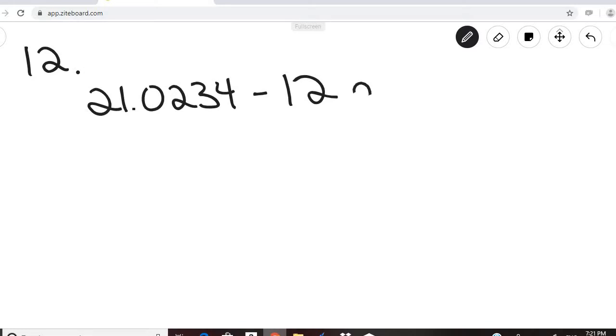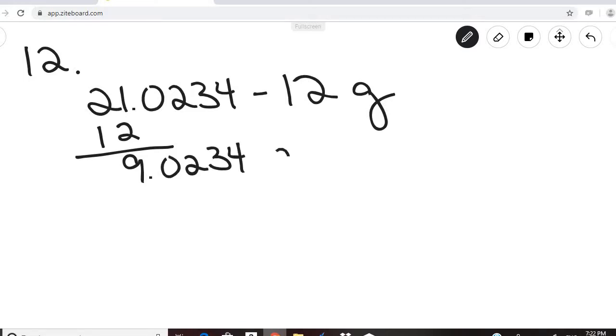Okay, the number 12 is a subtraction problem: 21.0234 minus 12 grams. If we just do the math, we would subtract 12 from this, and we would get 9.0234 grams.